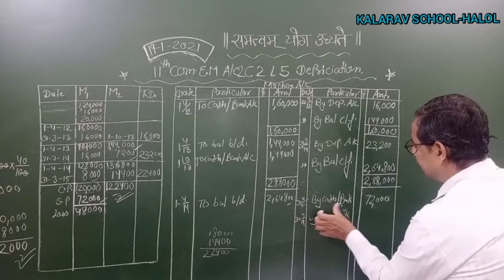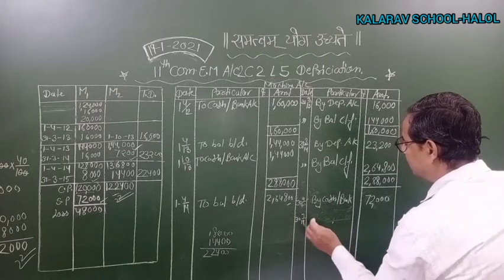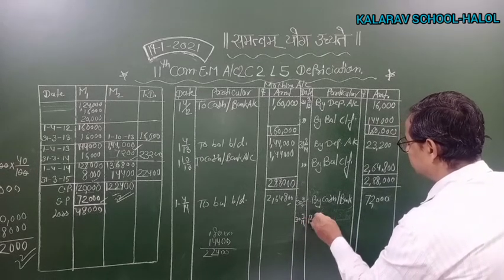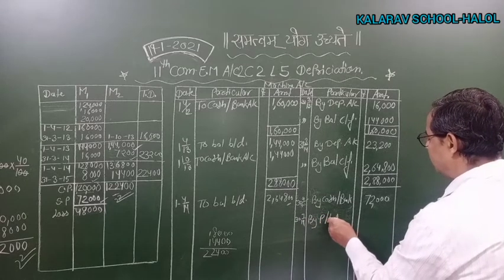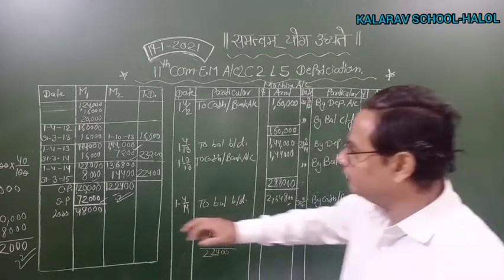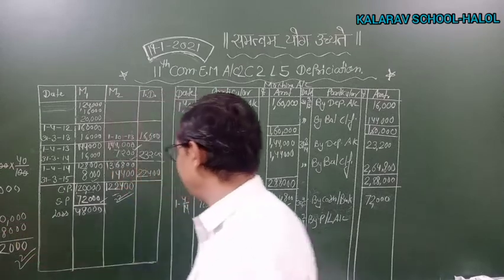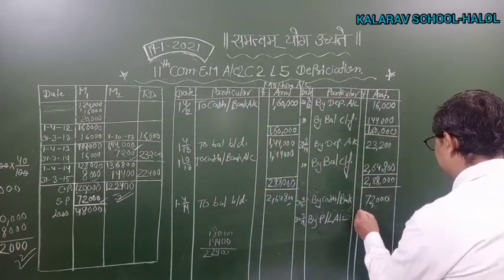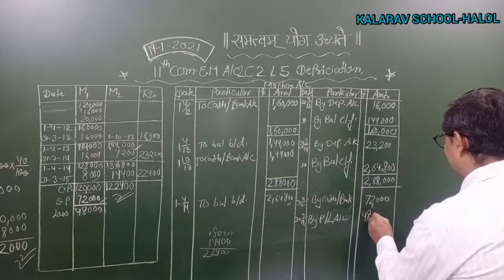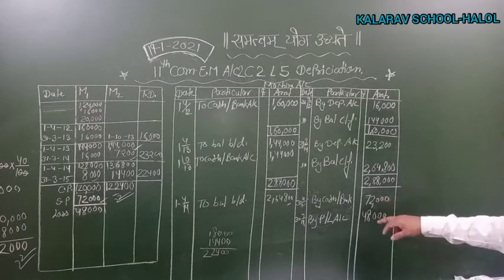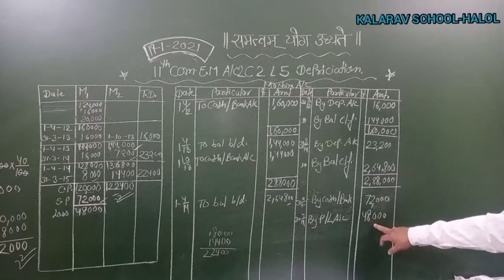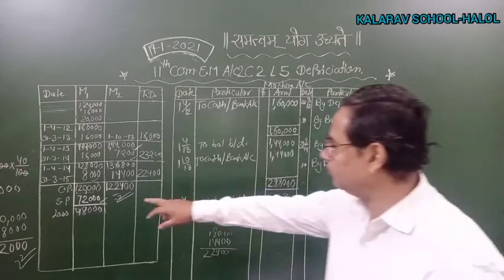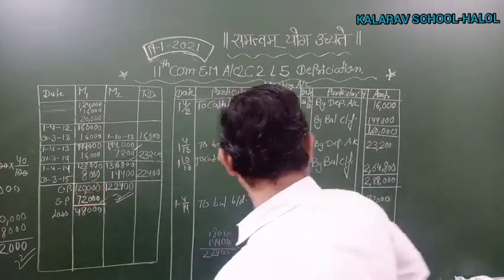Second entry is by profit and loss account. How much loss did you incur? That is 48,000. Now if you add both, you again get 1,20,000.